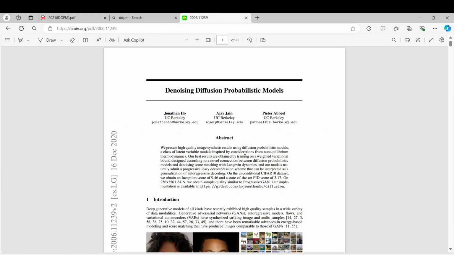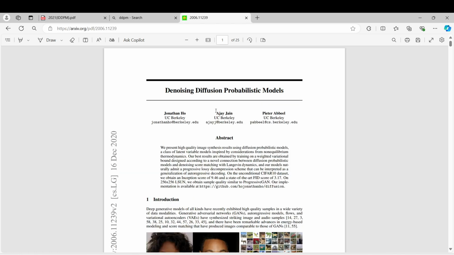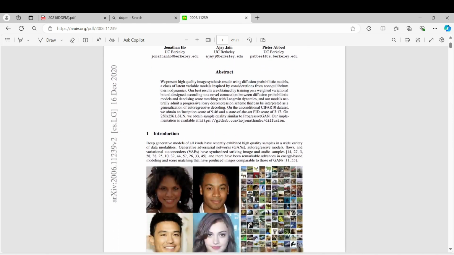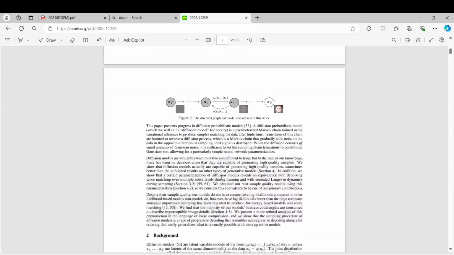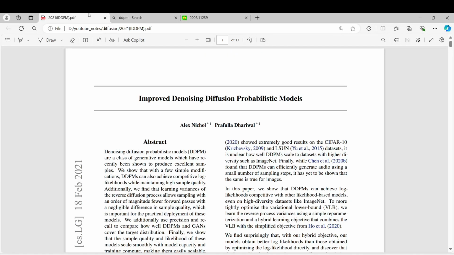They give some abstract ideas here on how to improve the shortcomings of the DDPM model, which was published in 2020, and we're going to see how we can improve that model.